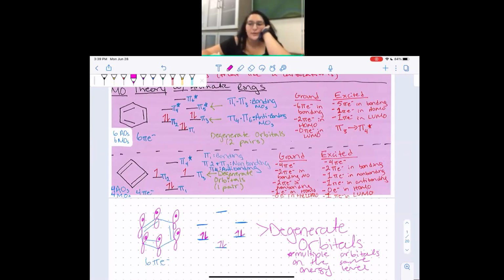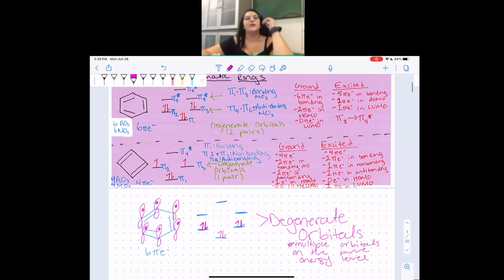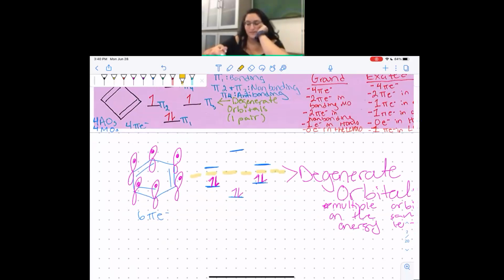When we're doing the number of bonding and antibonding orbitals, one thing you have to keep in mind is the half rule is still going to apply, but now we're looking at the number of energy levels, not the number of orbitals per se. So when we cut it in half, we cut the energy levels in half.